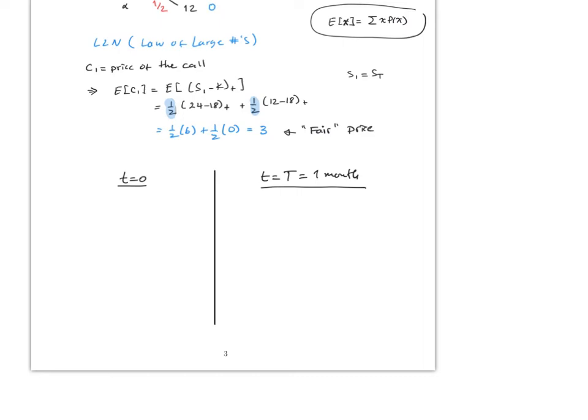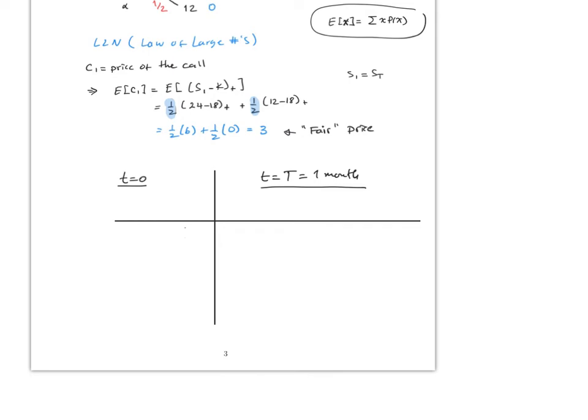Okay, so this is what we'll do first. You can write or sell a call. So let's say write a call at time equals 0.